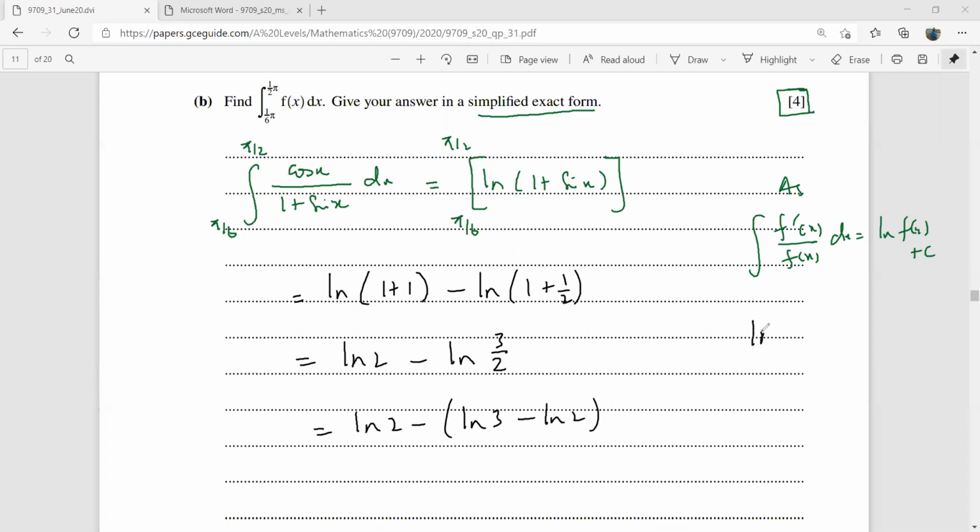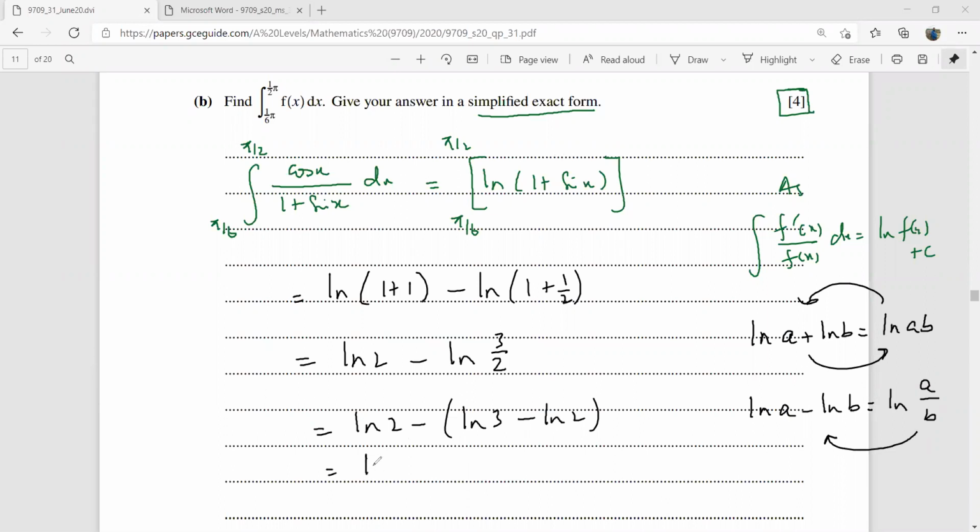If you remember that ln a plus ln b can be written as ln of ab, and you can write its reverse as well. And if there is ln a minus ln b, you can write it as ln a over b, and then you can write it in this form as well. So that is why I have written it like this.